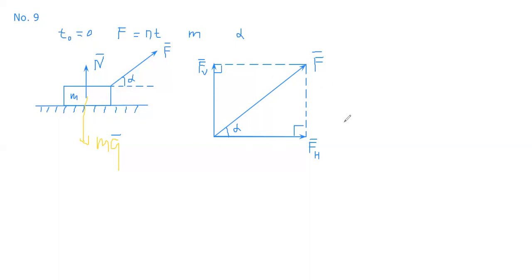So we have a triangle with an angle that has 90 degrees. Okay, what can you say about FV and FH?